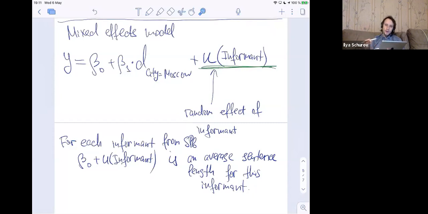But if I have several data points from each informant, it can be a good idea to add this correction, this term, this random effect for this informant. Otherwise, it is possible that I will get results that do not correspond to the actual data generation process.